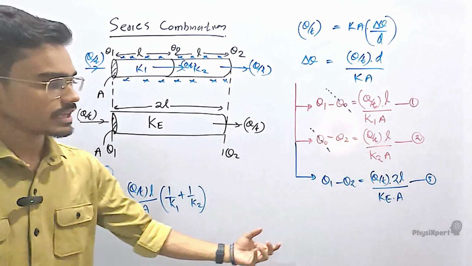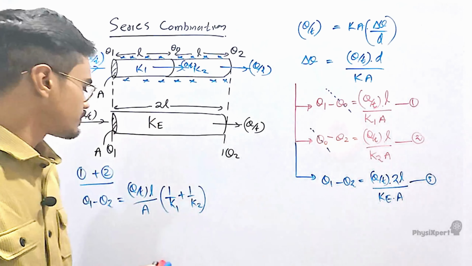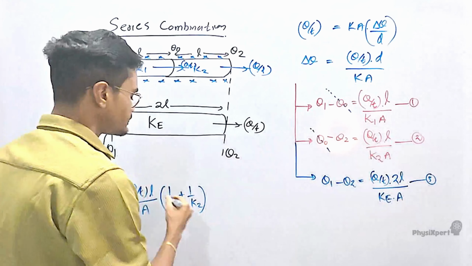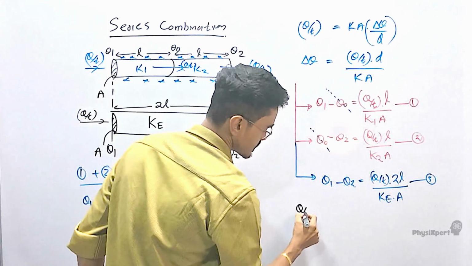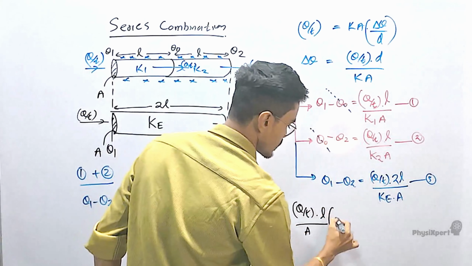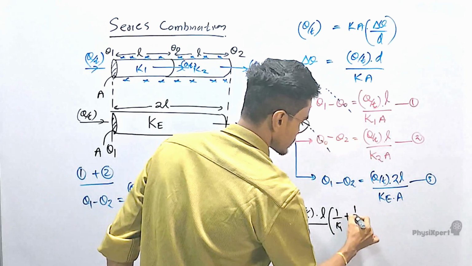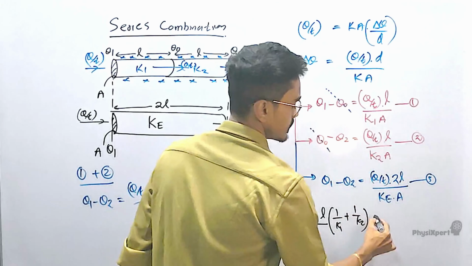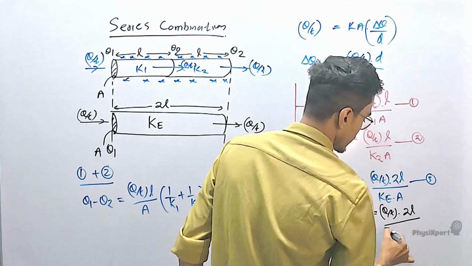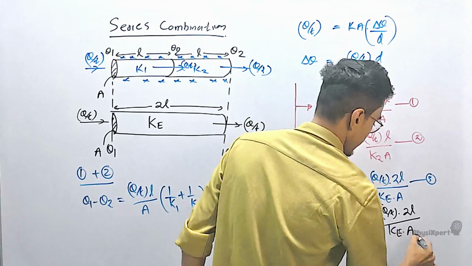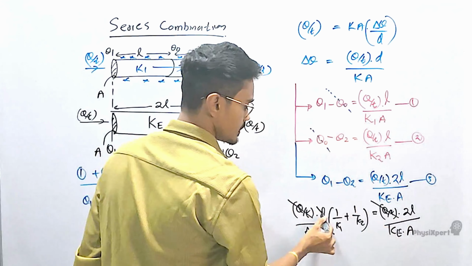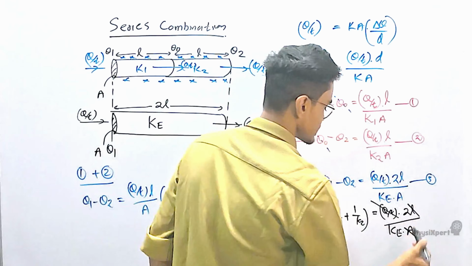Q over T, L over A, times 1 over K1 plus 1 over K2 equals Q over T times 2L over Ke A. Q over T cancels, and L and A cancel.